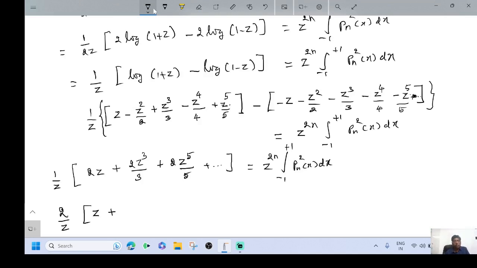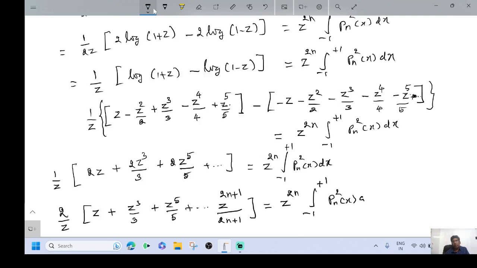Z plus z cube by 3 plus z power 5 by 5. Then the last term is z power 2n plus 1 divided by 2n plus 1, which is equal to z power 2n into the integral from minus 1 to plus 1 of Pn square of x into dx.